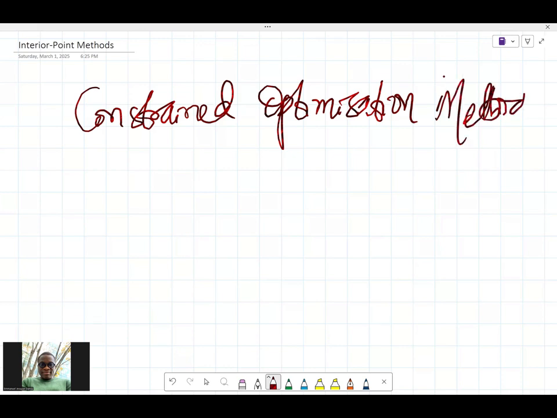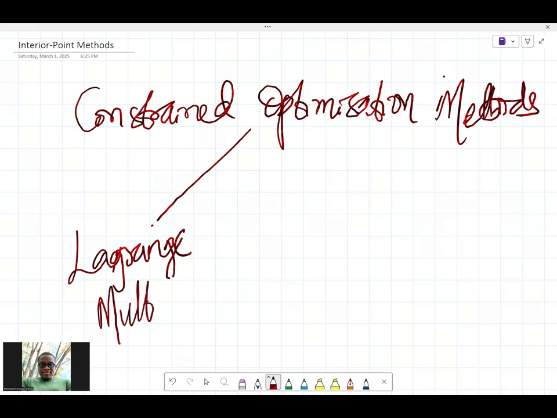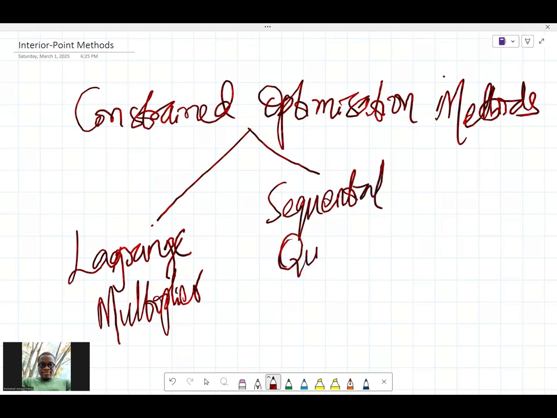All right. So previously, we have looked at the Lagrange multiplier, followed by another method that uses simplex and Lagrange called the sequential quadratic programming.